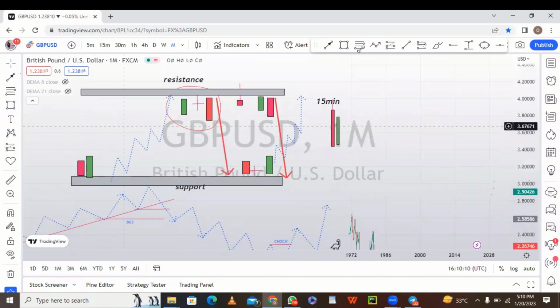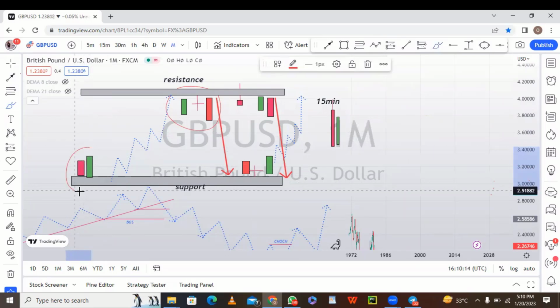Okay, so this is the bullish engulfing candle. This is the bearish engulfing candle. This is evening star, and this is morning star. While this is shooting star or inverted hammer.